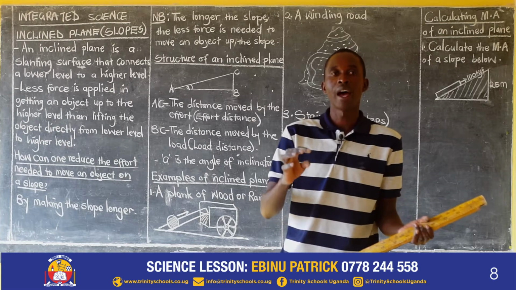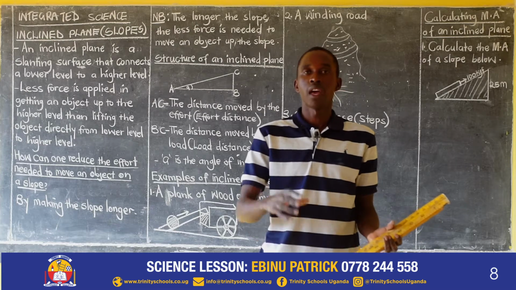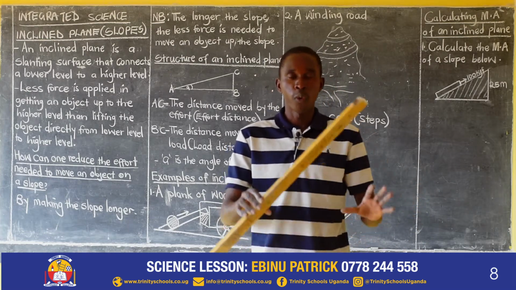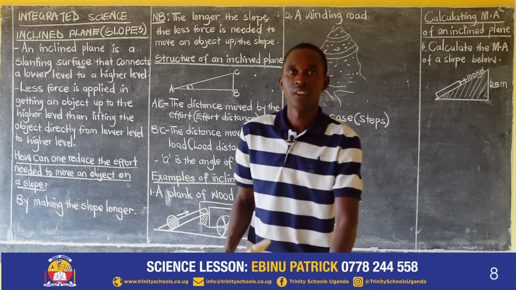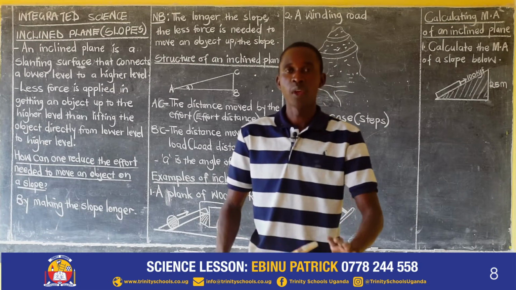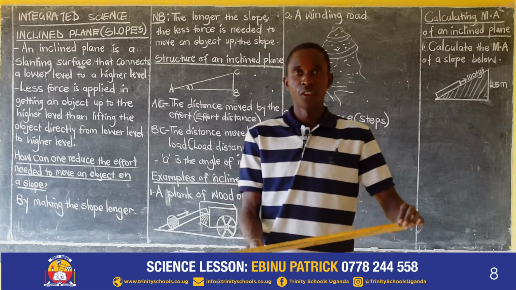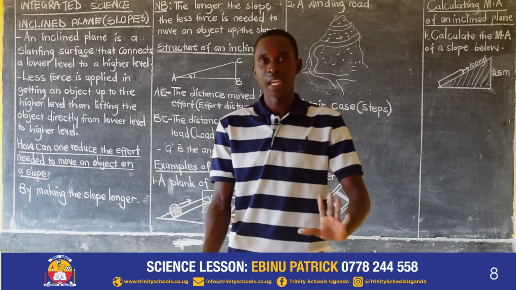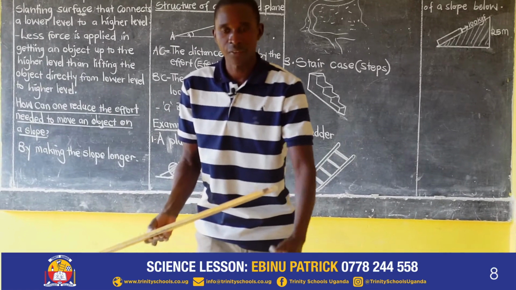I'm going to do a demonstration of what we are calling an inclined plane or a slope using this ruler that I'm holding. We have this ruler and we have a simple table here. Then we have the ground. This one is a higher level.